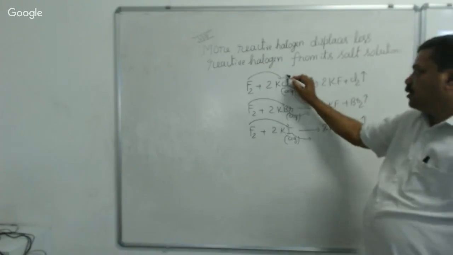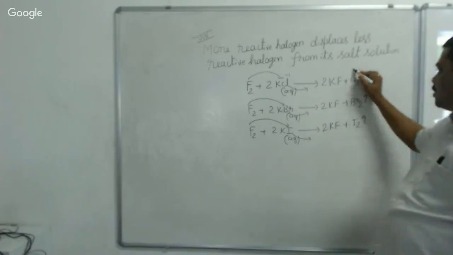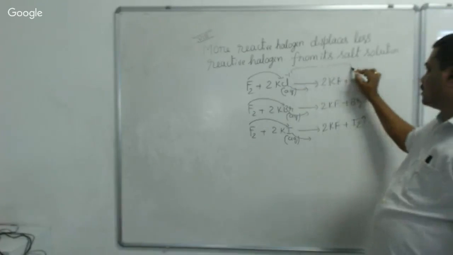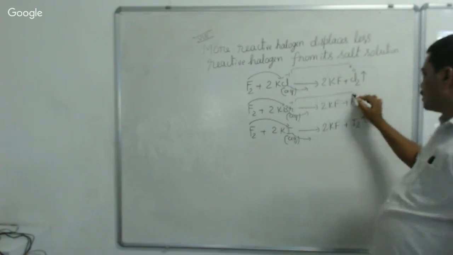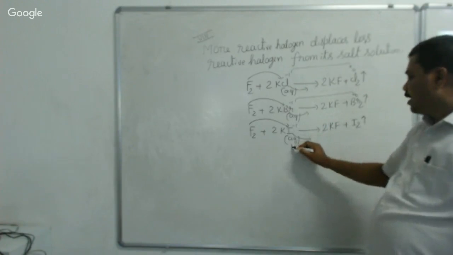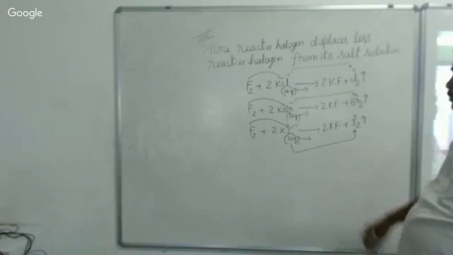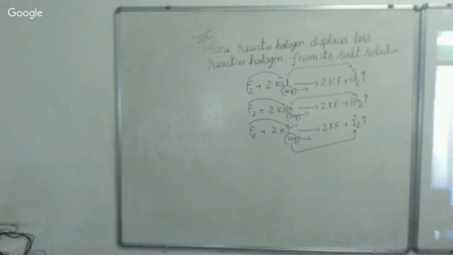Means fluorine is able to oxidize Cl minus 1 to 0, Br minus 1 to 0, I minus 1 to 0. So fluorine can displace all the three other halogens.